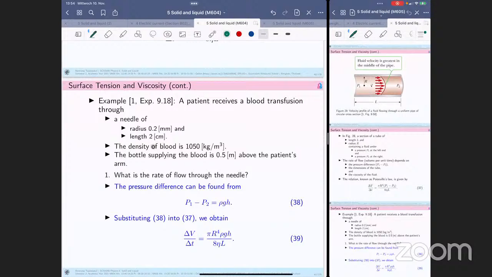It's not much. The density of the blood is greater than typical water. Water is 1,000 kilograms per cubic meter, here it is 1,050. It's a little bit heavier than pure water. And the bottle supplying the blood is 0.5 meter above the patient's arm. What is the rate of flow through the needle?